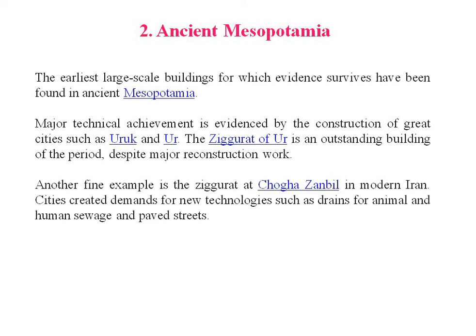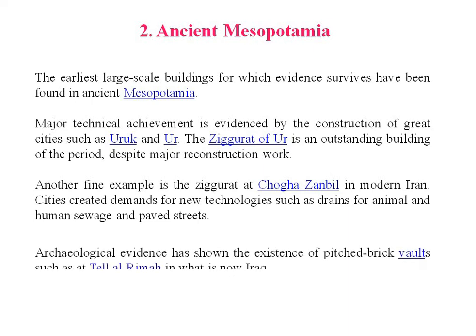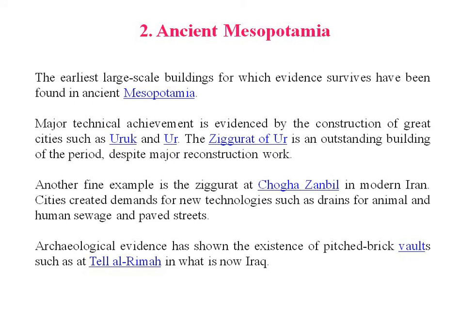Cities created demands for new technologies such as drains for animal and human sewage and paved structures. Archaeological evidence has shown the existence of pitched brick walls such as at Tell al-Rimah in what is now Iraq.